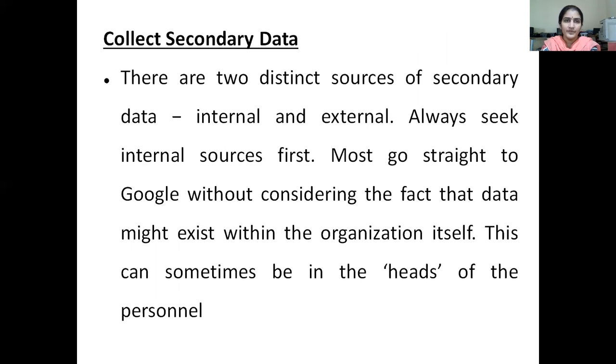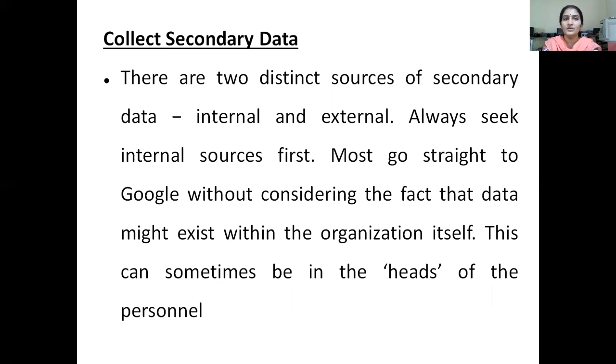While collecting secondary data, there are two distinct sources: one is internal and the other is external. Always seek internal sources first. Most people go straight to Google without considering that data might exist within the organization itself.